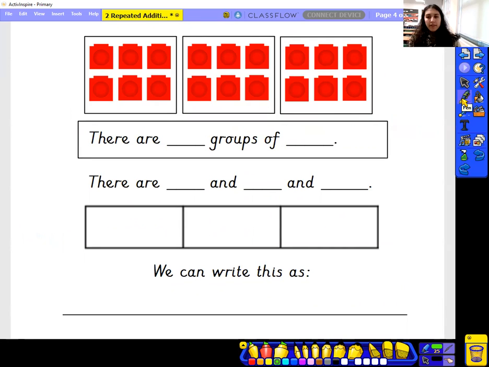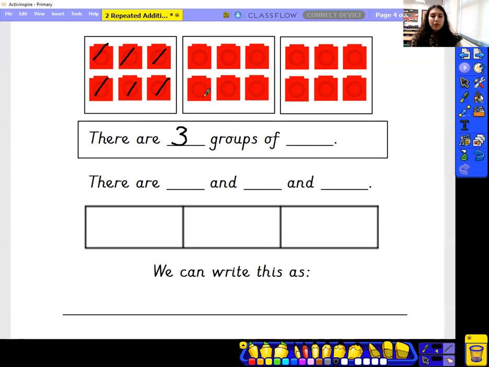What have I got here? How many equal groups do I have? Well done. You can see that I've got 1 group, 2 groups, 3 groups. And inside each group, how many do I have? That's right, I've got 1, 2, 3, 4, 5, 6.